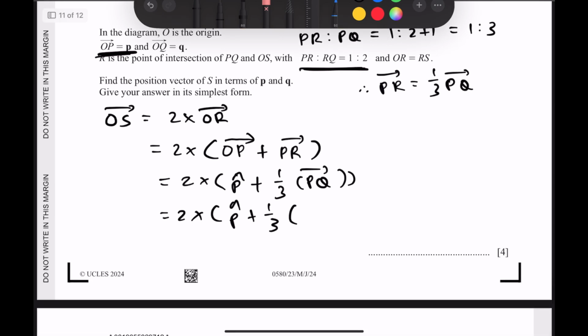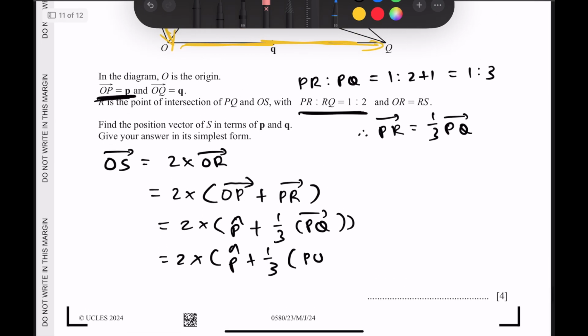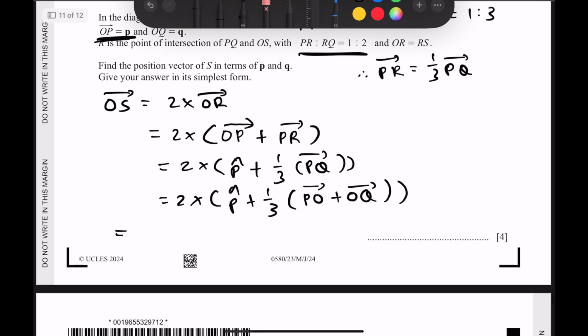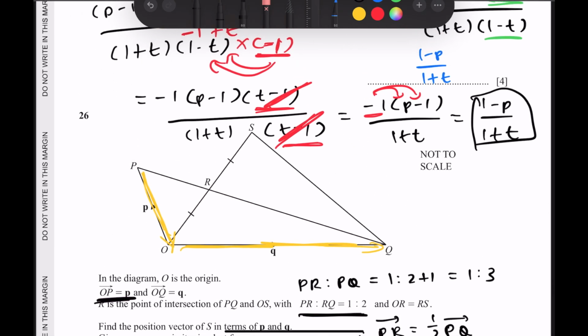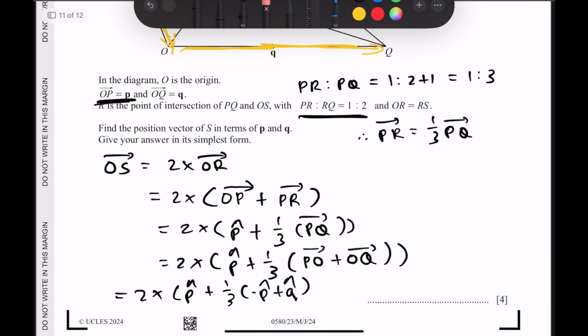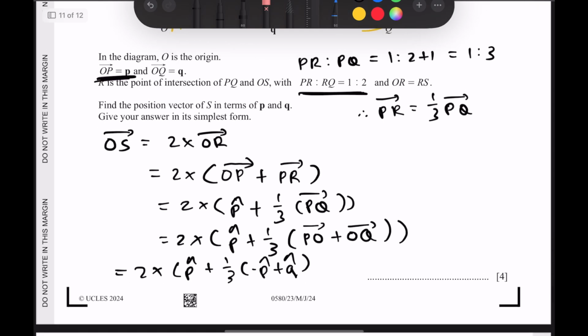So OS would be equal to 2 times P plus 1/3 of negative P plus Q, since PO is equal to negative P. If OP is equal to positive P, PO is equal to negative P, since it's just the negative value of OP. And OQ is equal to Q, as said in the question before.